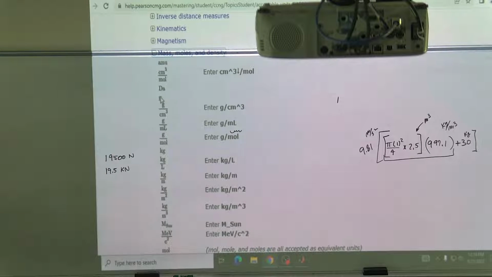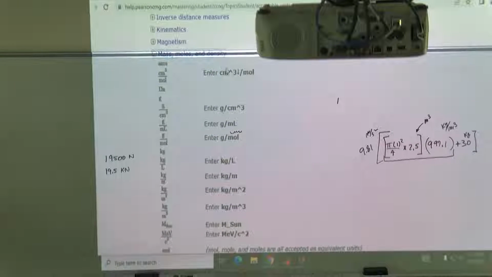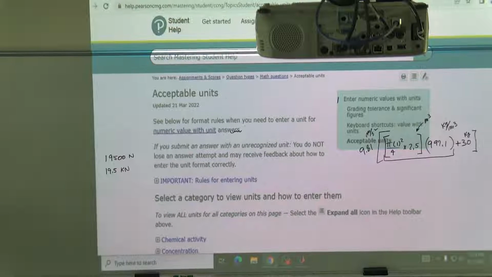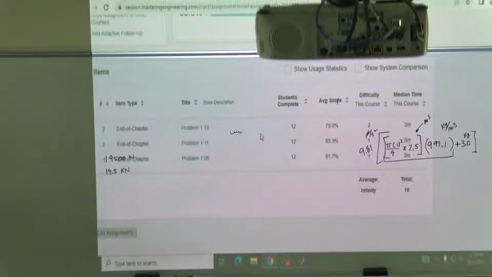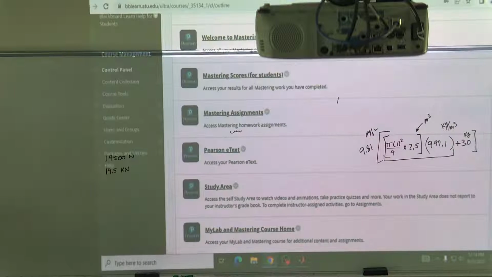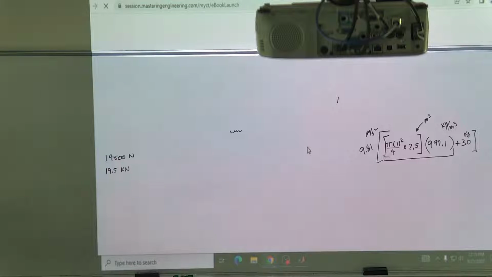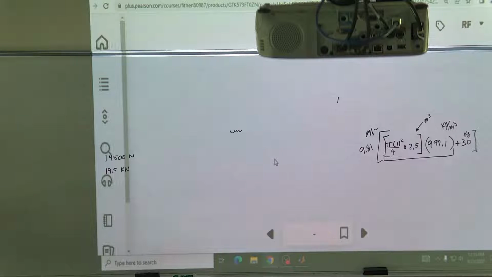So does that mean you just enter G, or atomic mass unit, AMU? I'm not sure. Well, I was off due to rounding anyway. I put 19,490.59 newtons. Because by the time you do your rounding up, it goes up to 19.5.